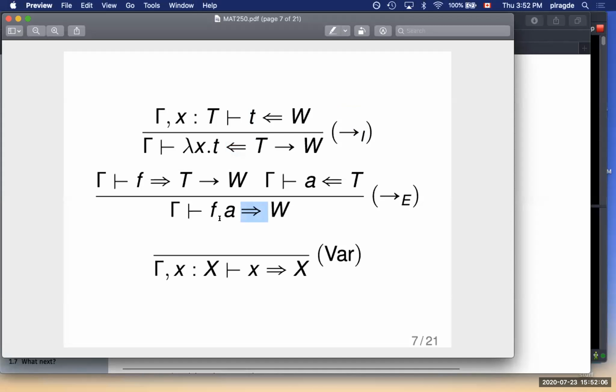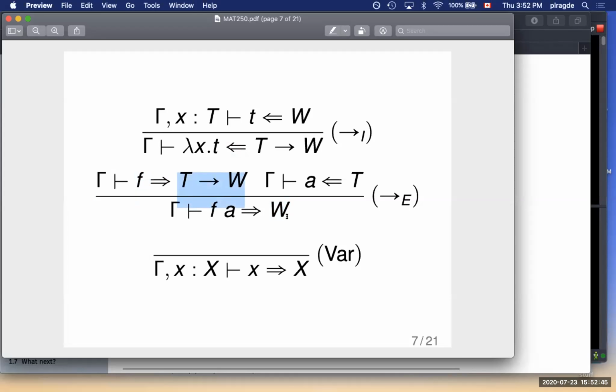In order to synthesize the fact that an application of F to A, where F and A could be complicated expressions, has type W, we need to synthesize the type of F. F had better be some function type, so it had better have the form T arrow W for some T. Why?